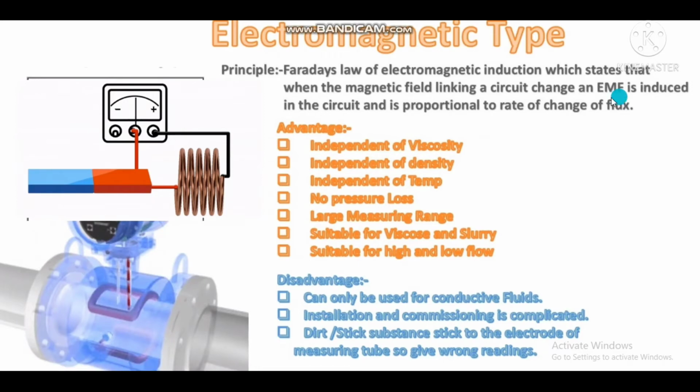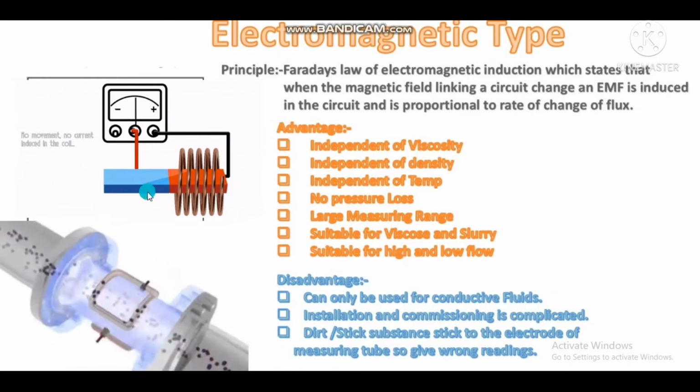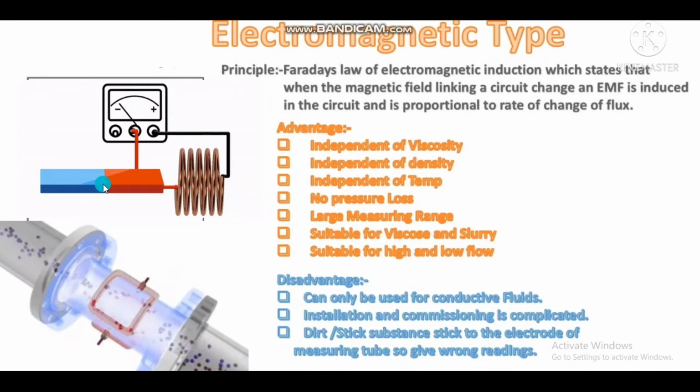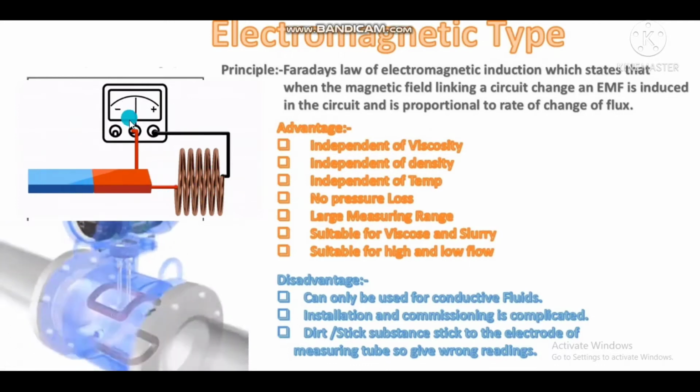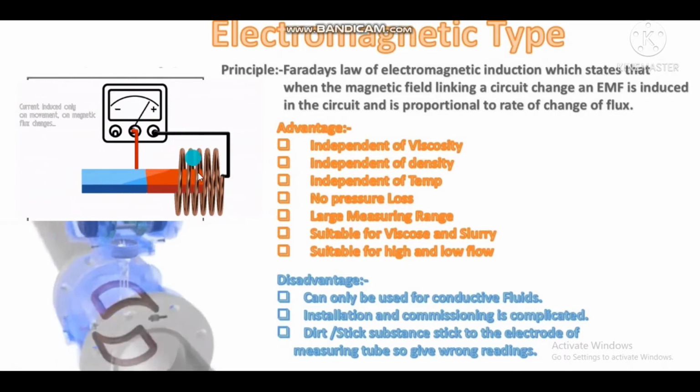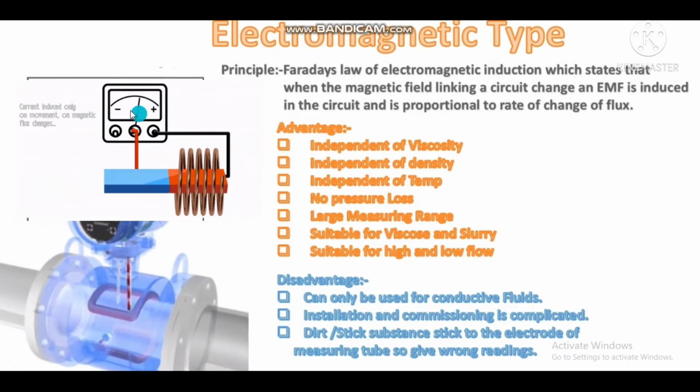Here what it says is that the EMF changes when the rate of change of the flux changes. The first time we can see the magnet is working properly. If we get closer to the coil, there is a disturbance, and this disturbance causes a sudden change in the voltmeter or ammeter present there.